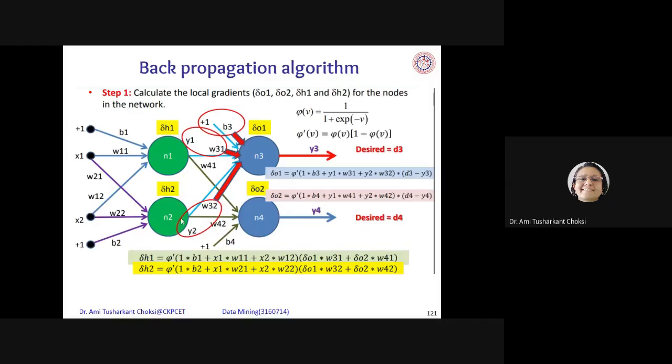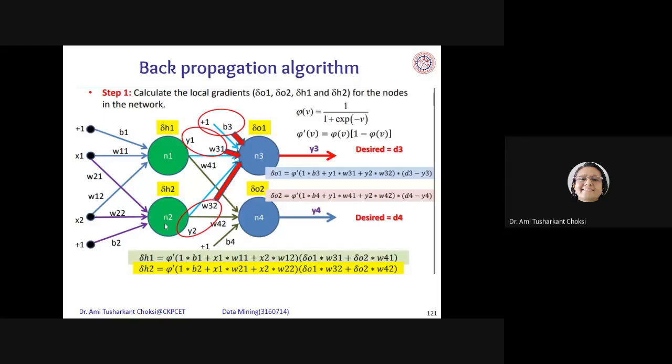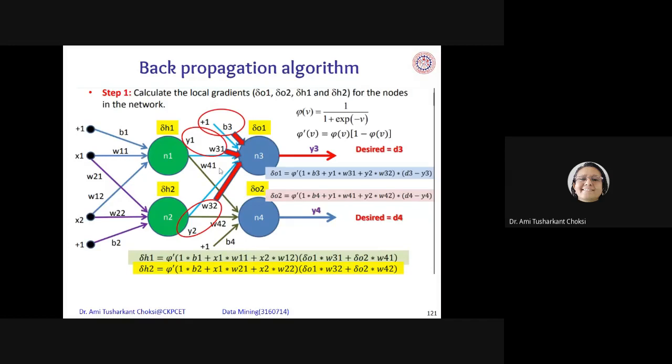Fine. See, the direct weight is W31. And W32 is coming from N2 to N3, right? N2 to N3. Same way here, from N2 to N4 it is W42. And the weight coming from N1 to N4 is W41, right?